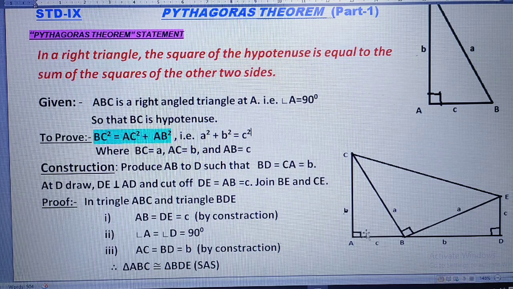Angle A is equal to angle D, which is equal to 90 degree, marked on the figure. Also AC length is equal to BD length, which is equal to small b, that is also by construction. Therefore triangle ABC is congruent to triangle BDE, by the condition side, angle, side.